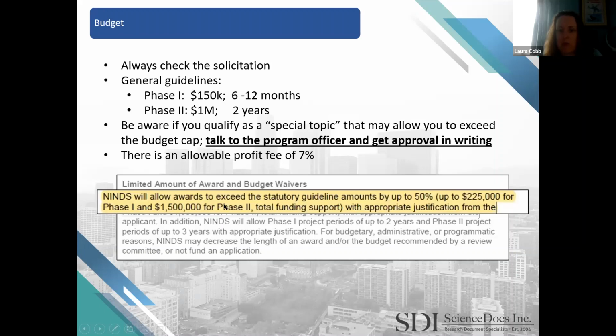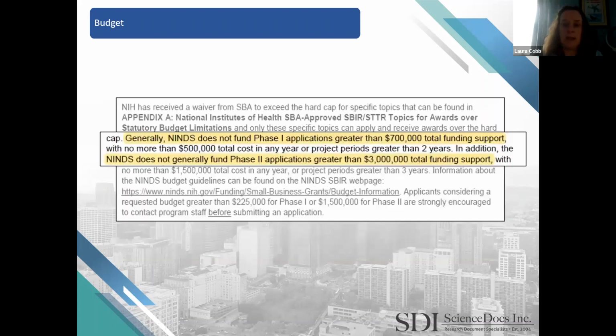Just an example, you can increase it, say, to $225,000 for phase 1 and $1.5 million for phase 2 if you qualify for a budget waiver topic. So definitely check that, because it is a significant change in the amount of budget that you can ask for. So again, it does depend on these specific institutes as well. So look at the solicitation.